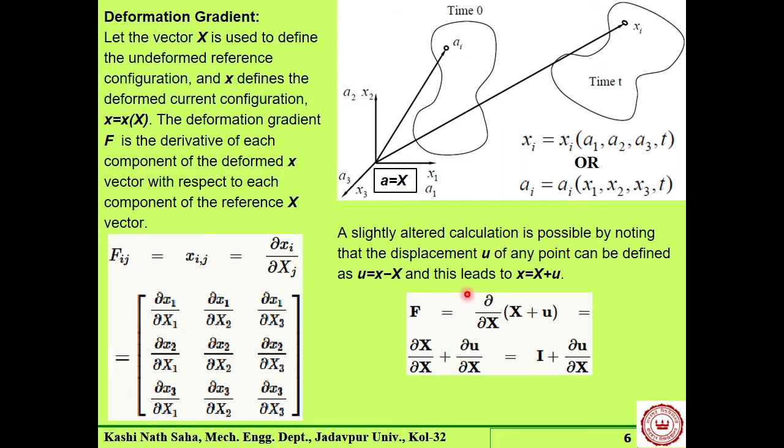Now the description at time 0, say that is our capital X system, and here this is our small x.